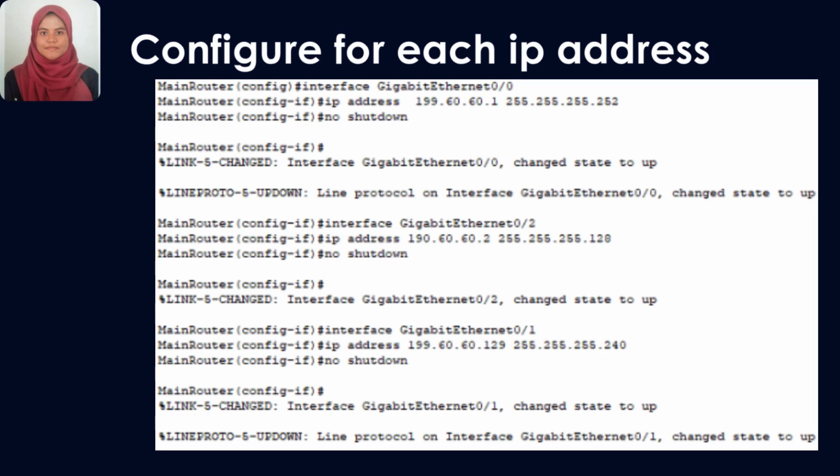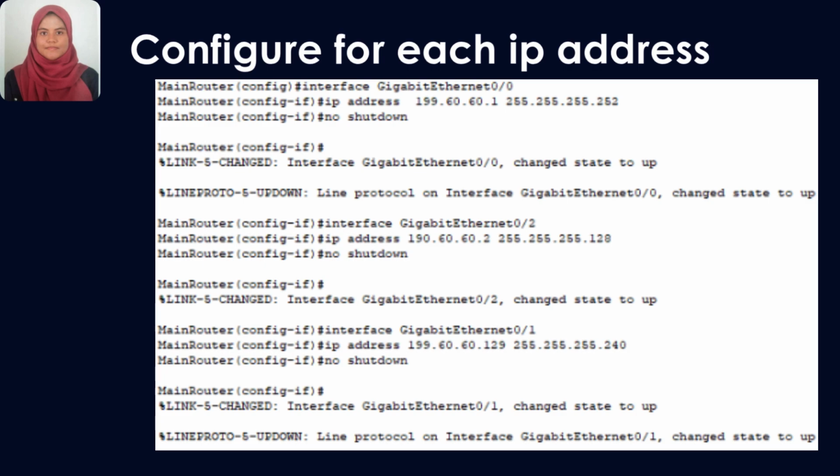On GigabitEthernet 0/2, I configured the IP address 190.60.60.2 with the subnet mask. And finally, on GigabitEthernet 0/1, I set the IP address 199.60.60.129 with the subnet mask, and all the interfaces on the main router were brought up successfully using the no shutdown command.